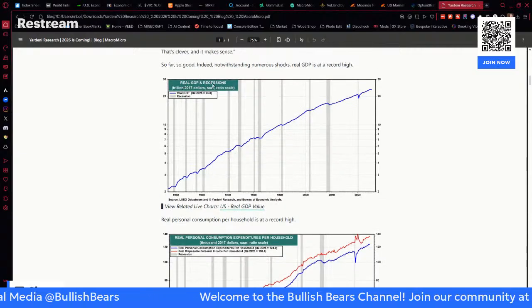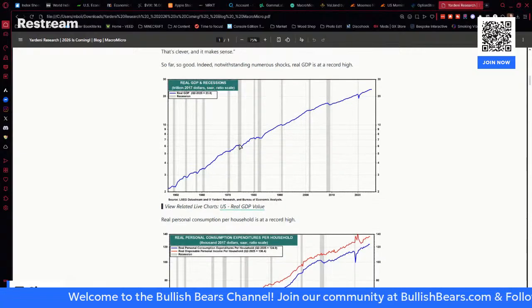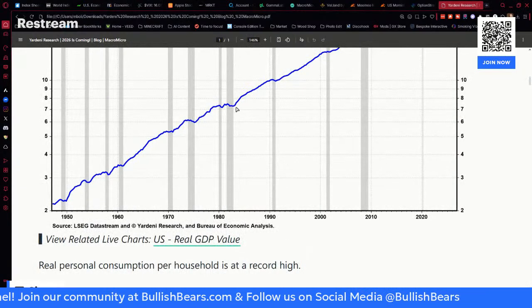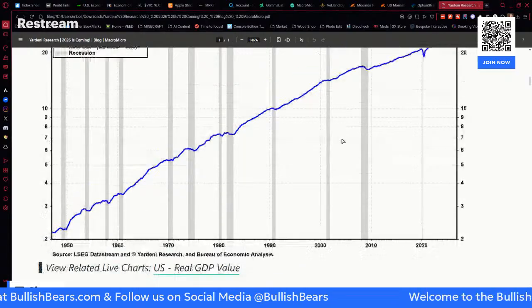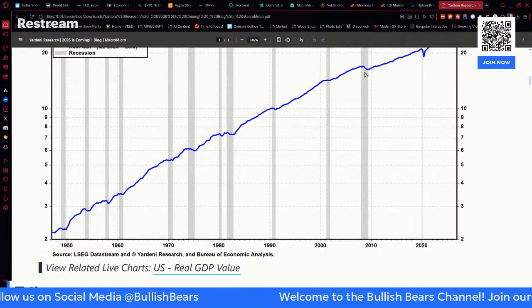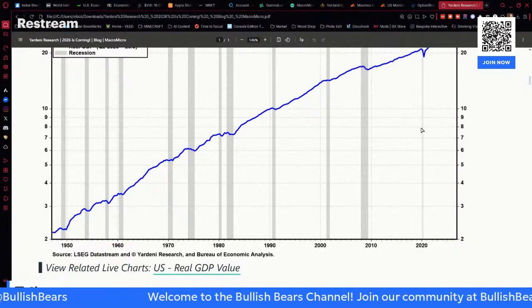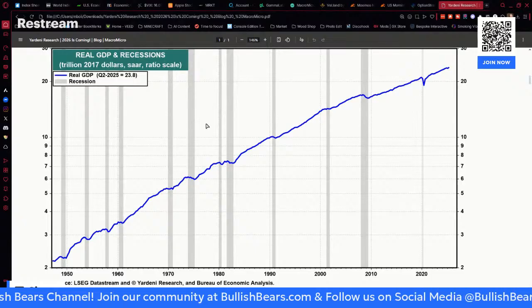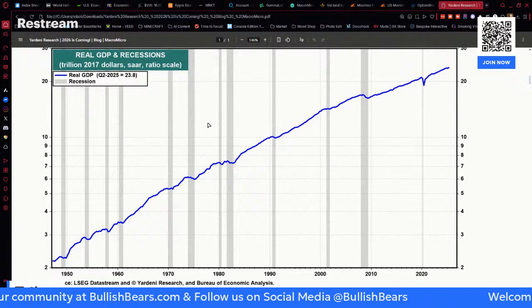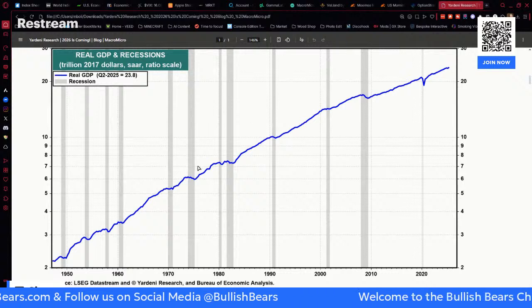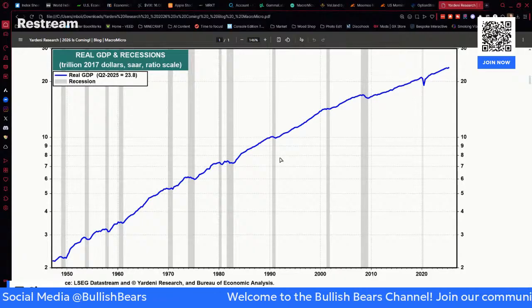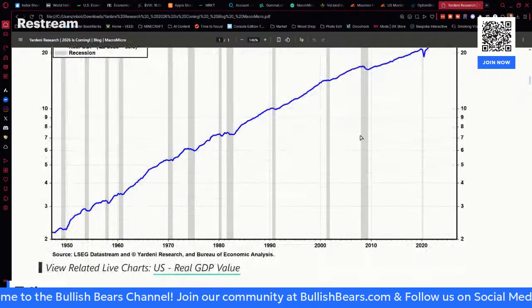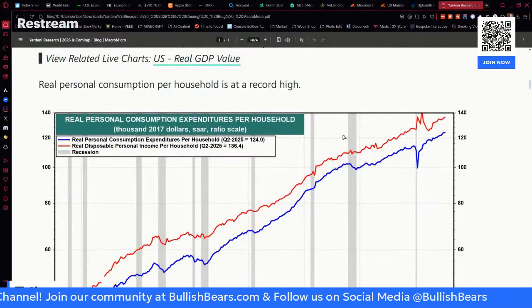This is real GDP and when we had recessions in that GDP forecast, right? So you can see in the 80s that drawdown here, and in the 90s, and then here the 2000 and the financial crisis, COVID here. So the gray areas mark out recessions, and this is real GDP, right? It's hard to understand why our government is trillions in debt with that sort of GDP, but whatever.